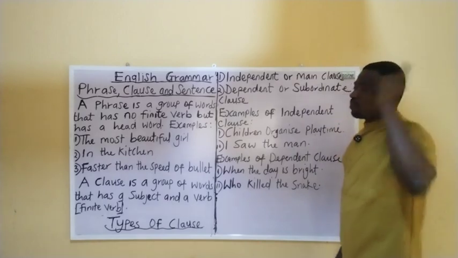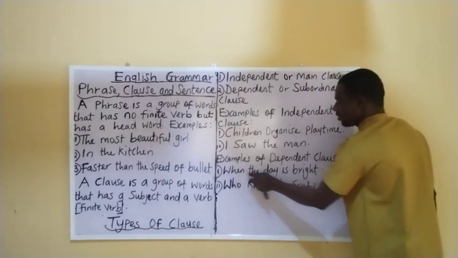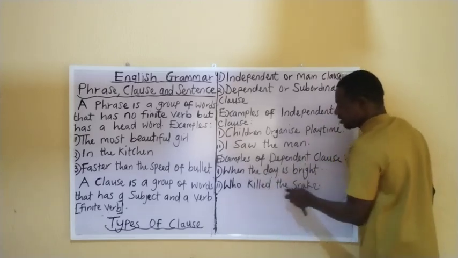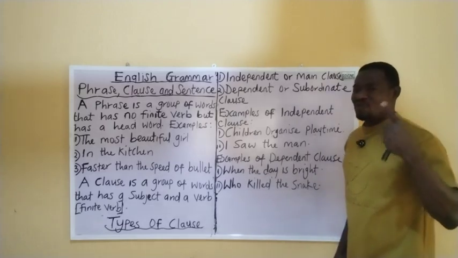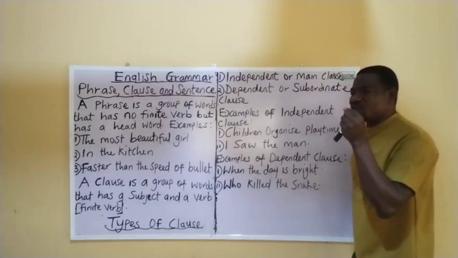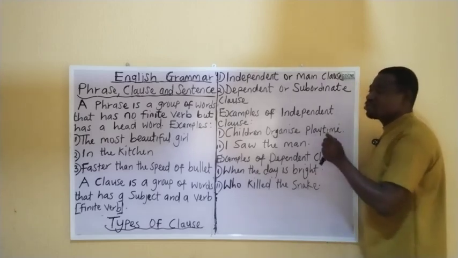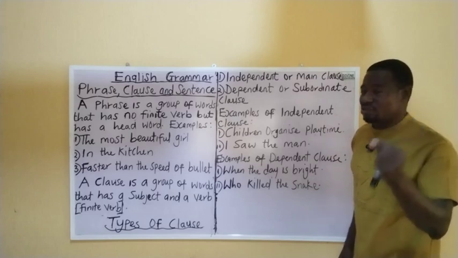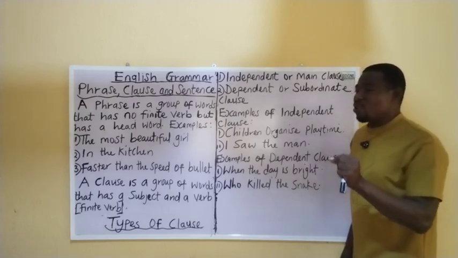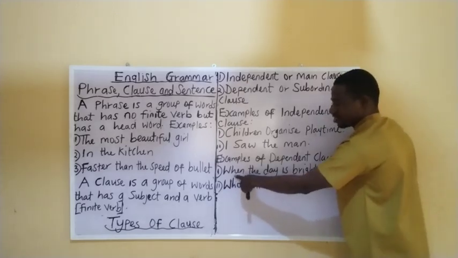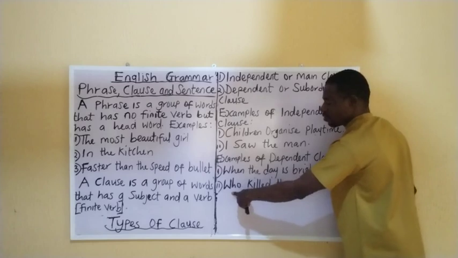Example of the dependent clause is when the day is bright. That's one. Then who killed the snake? Let's try to understand that dependent clause is also called subordinate clause. Reason being that they are usually introduced by subordinators. Again, subordinators introduce dependent clause. When here is a subordinator, who here is a subordinator.